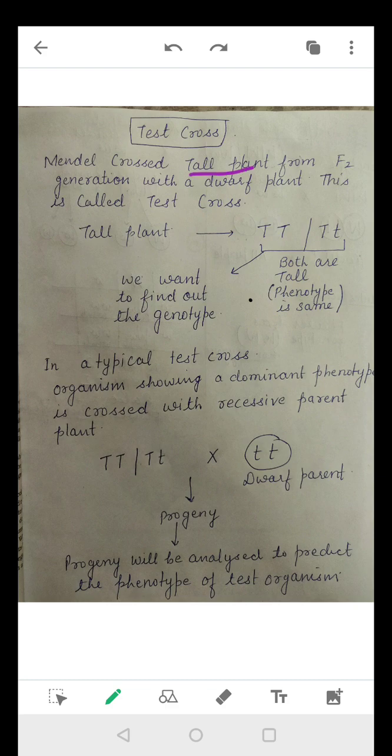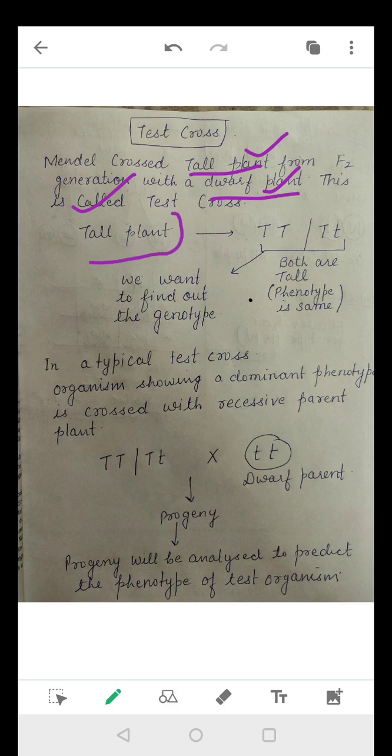Right? He crossed tall plant with the dwarf plant. This dwarf plant is the parent plant. Okay? So from F2 generation, he took a tall plant and he crossed it with the dwarf parent plant. And this cross is called as test cross.